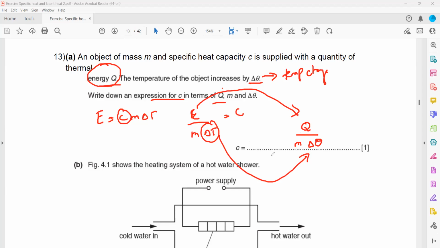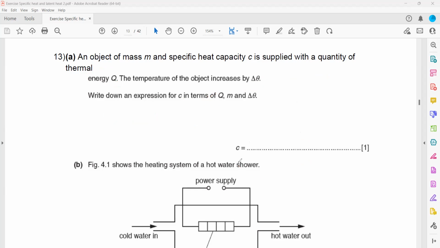Is it clear, this part? I still don't get it. Okay, look, the question is we have to represent the specific heat capacity. Whenever there's a temperature change, we have the formula E equals C m delta T. In the question, they are saying the energy supplied is Q and the temperature change is delta theta.